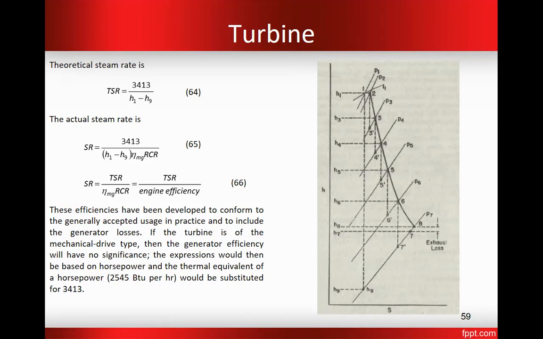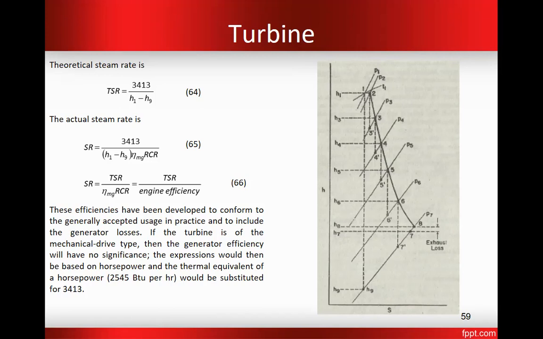So may mga table naman ng generator losses. Pag binasa mo ang problem, say, if the turbine is of the mechanical drive, so hindi siya magpo-produce ng power sa consumers, produce siya ng power to drive a machine, then the generator efficiency will have no significance kasi wala sa generator.